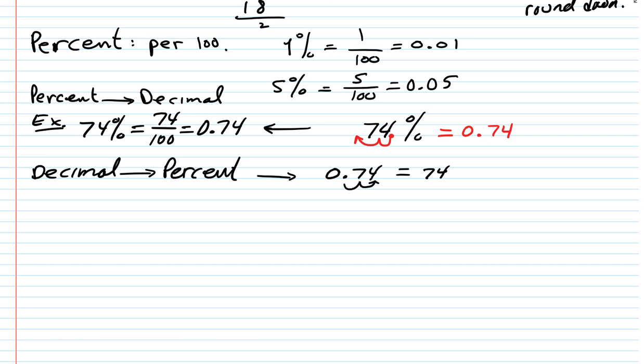To keep the same number, if I multiply by 100, I need to divide by 100. And remember, the percent symbol means 1 over 100, so that would replace the division by 100. You got to make sure you put the percent symbol after this. Okay, so that's how you convert between them.